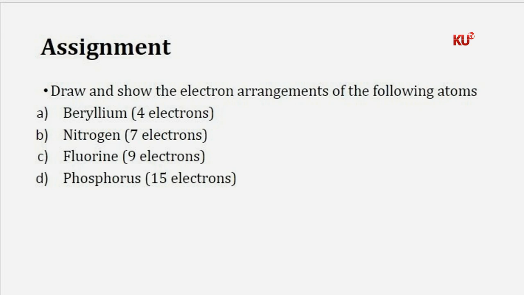The other one is nitrogen, which has 7 electrons. Then we have fluorine, which has 9 electrons. Then we have phosphorus, which has 15 electrons. So that is the assignment for today. Try to draw the diagram to show the electron arrangement of those atoms.